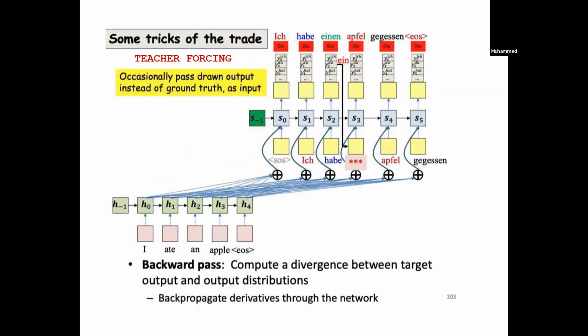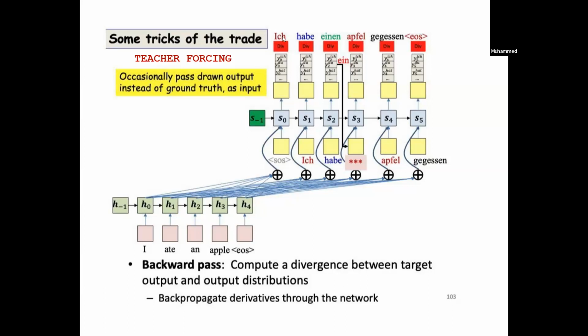So some tricks when we are training this. Remember we said when we are generating the output, we pass in the context, which is computed from the attention. Then we pass in the previously generated sequence token. So for the generation of HABE, we would have passed the token that was generated for ICH.